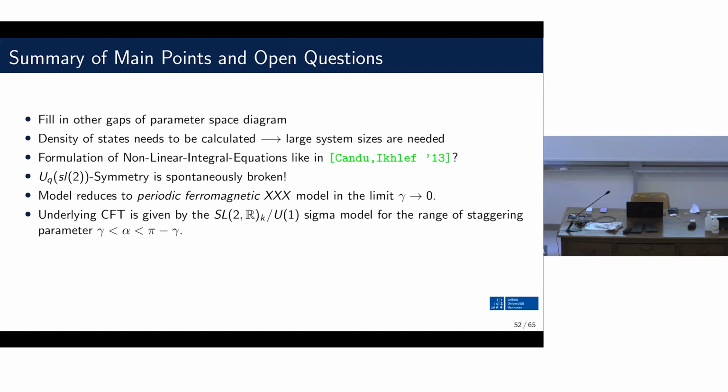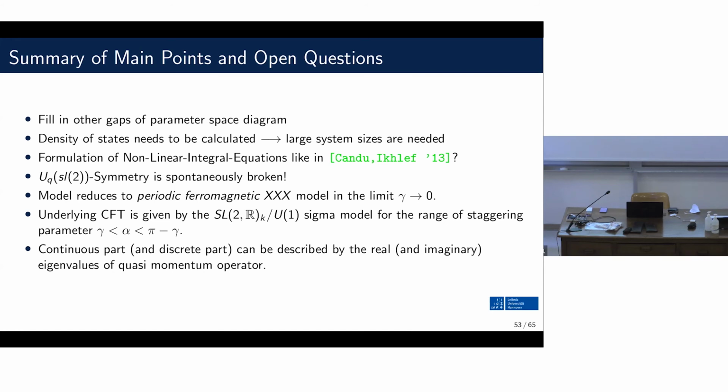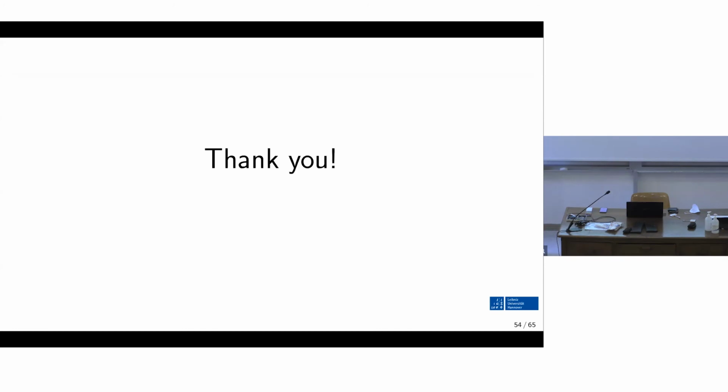We find also a continuous component, and the main punchline is that this quasi momentum operator parameterizes the continuous part of the spectrum. We also looked at the discrete part, and you find this is also parameterized by the quasi momentum operator. But I guess my time is over, so I just want to thank you for your attention.